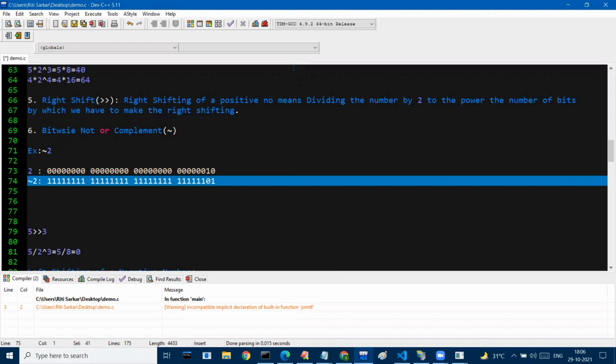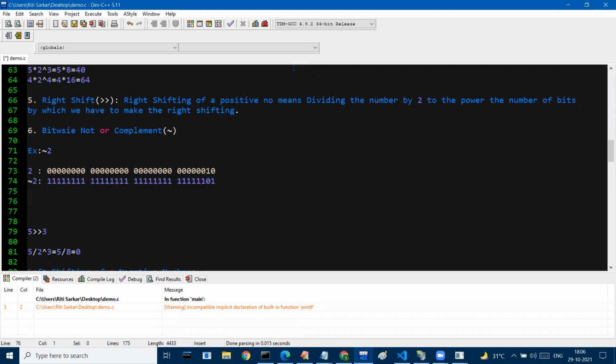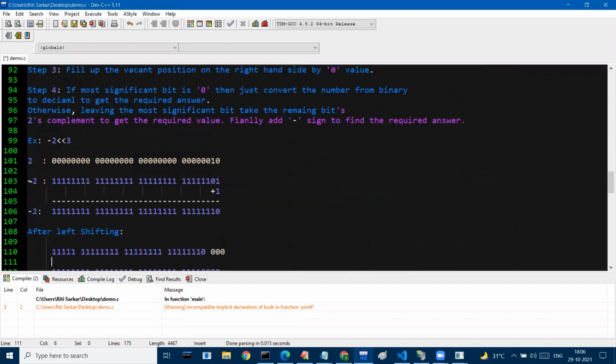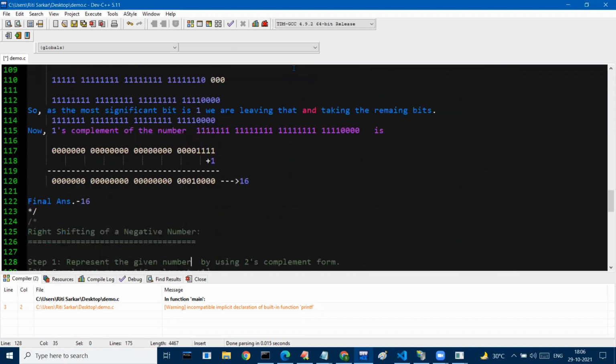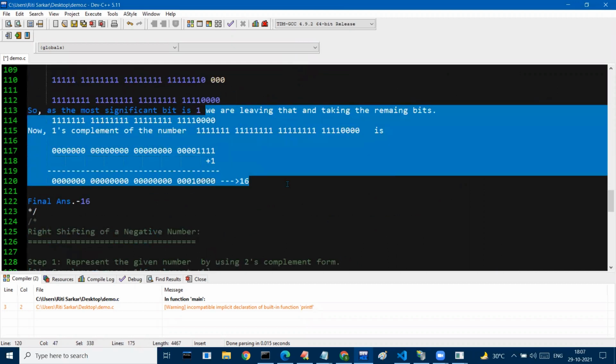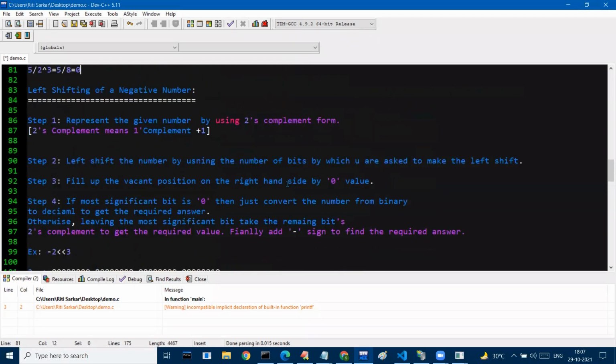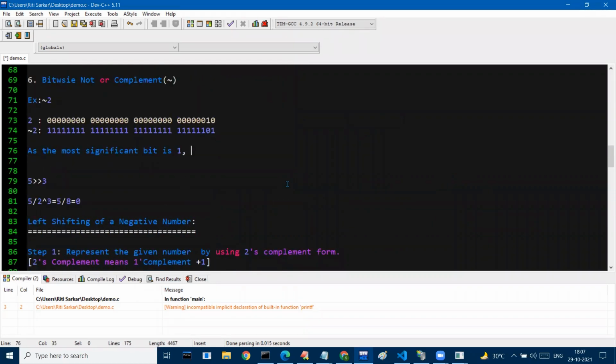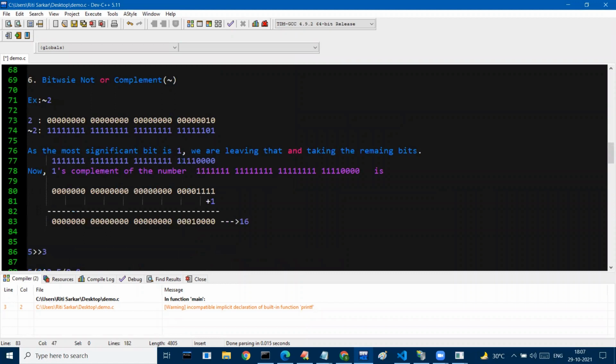We will convert it from binary to decimal and that is the answer? No. Again, as the most significant bit is 1, the remaining story is the same. As the most significant bit is 1, we are leaving that and taking the remaining bits, up to this.